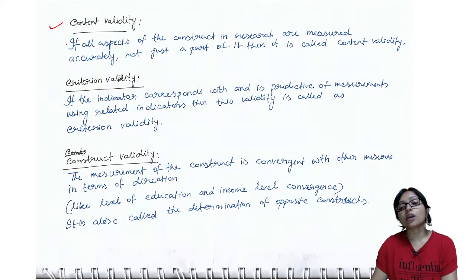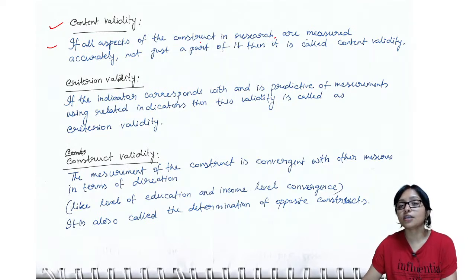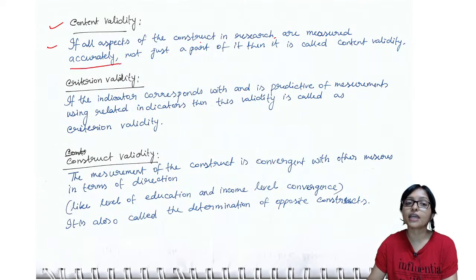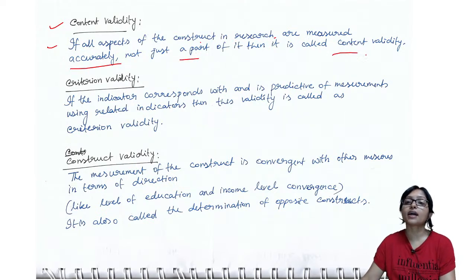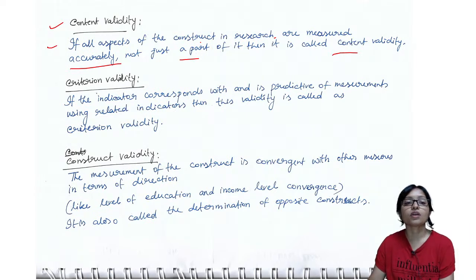Next one is content validity. What is content validity? If all aspects of the construct in research are measured accurately and not just a part, then it is called content validity. All the content you measure perfectly, then we say it is content validity.